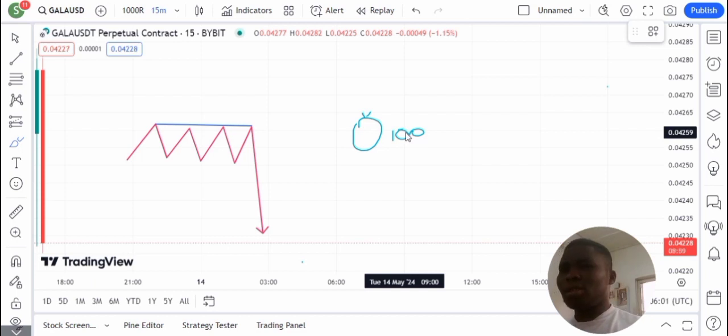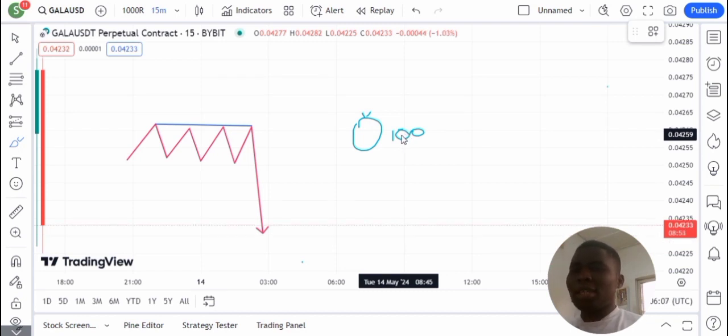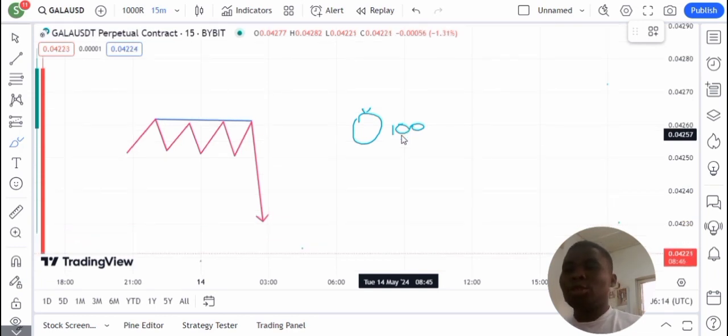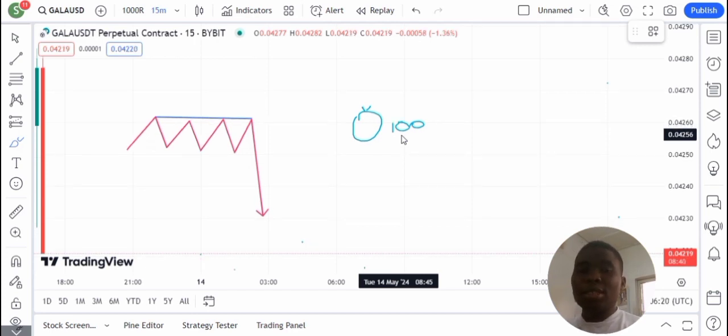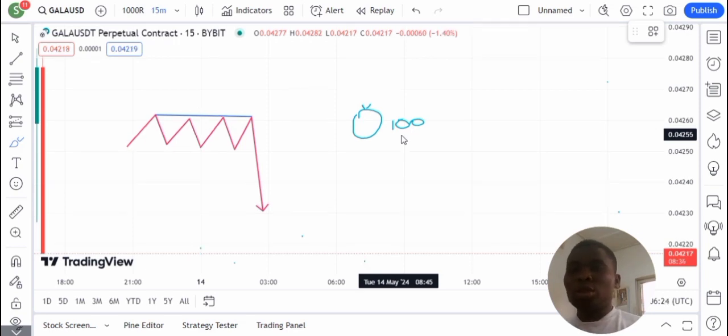Okay, let's say that you are selling your orange at the price of $100. Yes, and all of a sudden the orange loses its price from $100 to $10, and you wouldn't like to sell it because the actual price you are selling the orange is $100. So if you sell your orange at $10, that means you are losing a lot. Yes, and in the crypto market, we are talking about SMC.